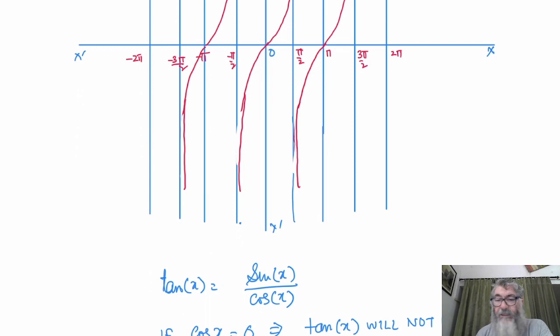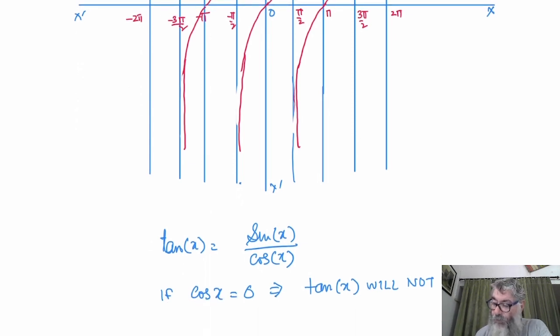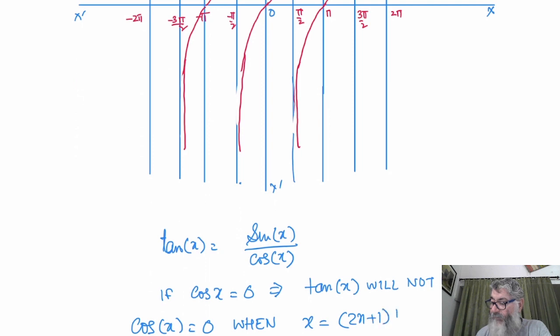So cos x is 0 when? We told you cos x is equal to 0 when x is equal to (2n plus 1) pi by 2. We discussed that. Whenever we have odd multiples of pi by 2, cos x will be 0.